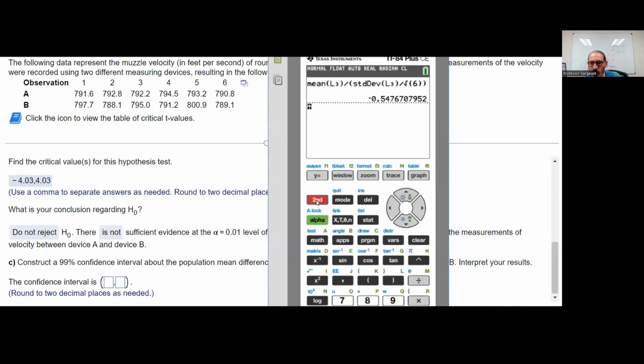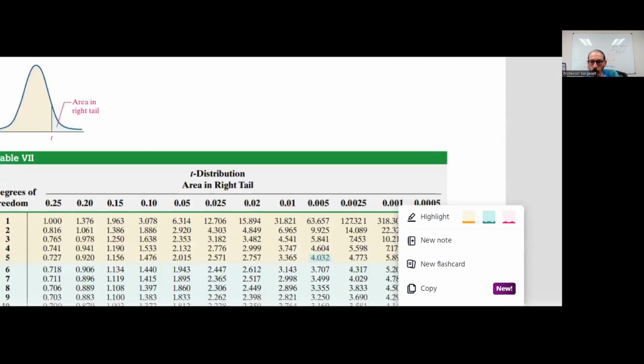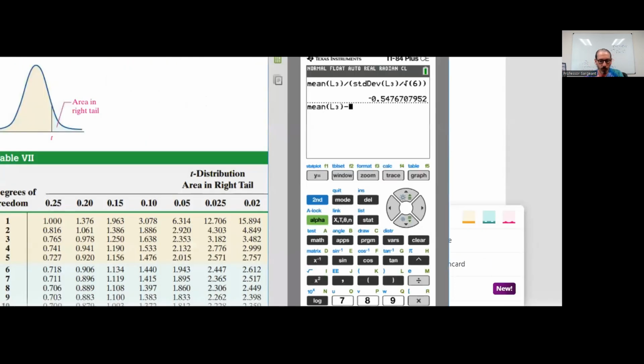So let's see here. Our D bar was stored here in list 3. Subtracting is going to get my lower bound. So I subtract the margin of error, which is calculated by taking your critical t-value of 4.032 times our standard deviation for the differences in the sample.